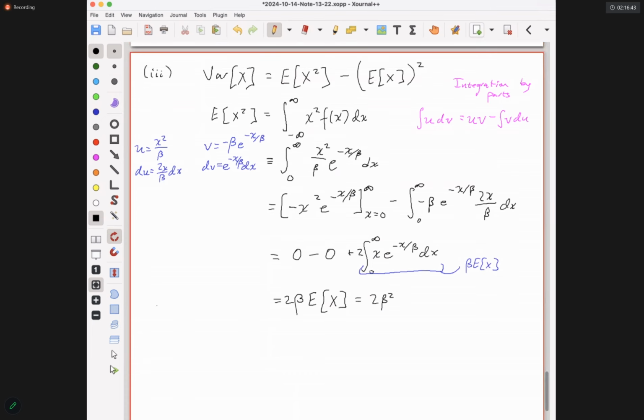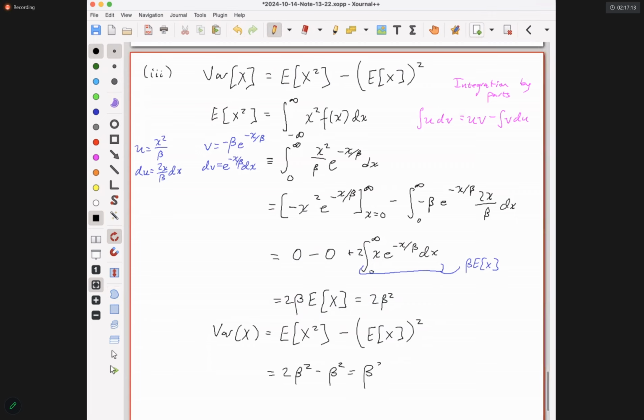And so our variance is equal to, I'm just going to copy this down again from up here, the expectation of x squared minus the expectation of x quantity squared. That variance is going to be 2 beta squared minus beta, which was our expectation of x, squared.